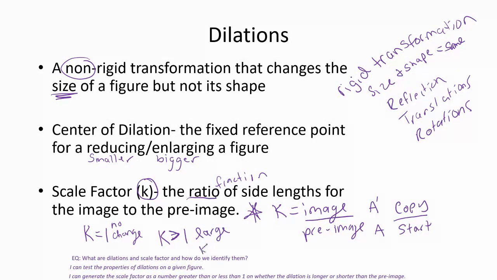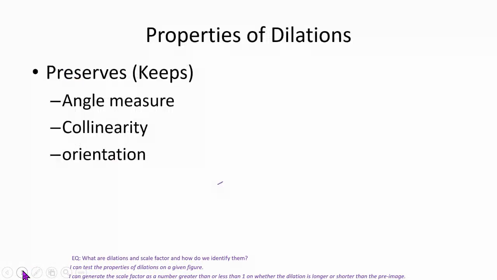If your K is less than 1, so that would be fractions like a half or a fourth, then it's going to shrink it. So if your scale factor is a number larger than 1, it's going to make it big and blow it up. If your scale factor is a fraction smaller than 1, then it's going to make it smaller and shrink. All right, here we go.